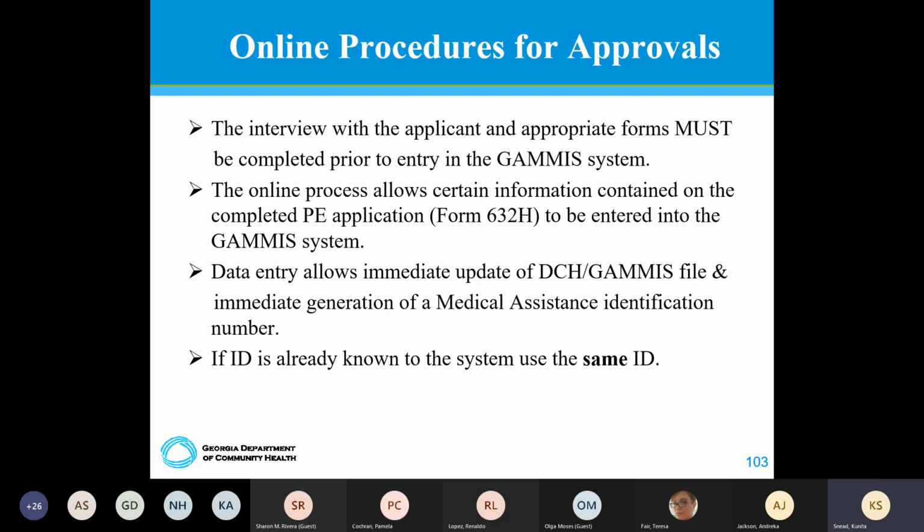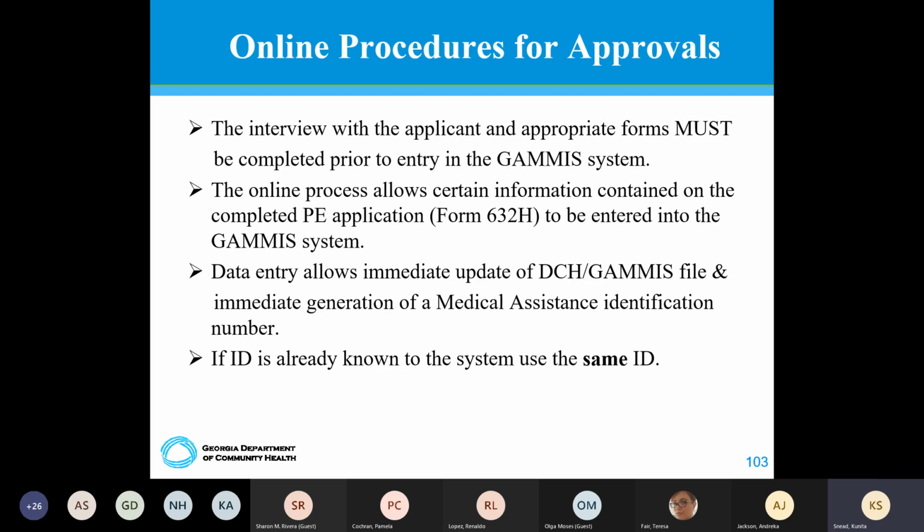And remember, you're screening them into GAMIS first because you have to use that same ID number that they have. And I know a lot of times there are ID numbers that are being duplicated, and that's because the members possibly have been approved under a different name, or the spelling of the name was incorrect for whatever reason.